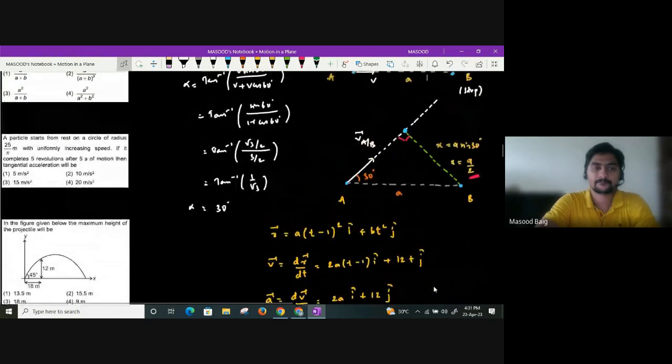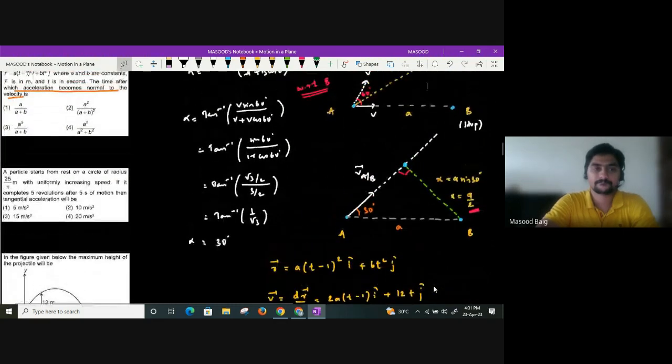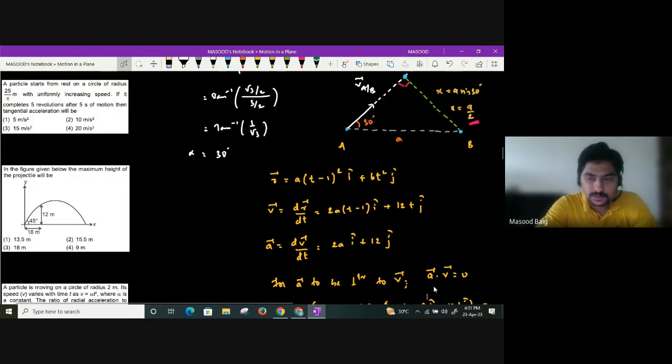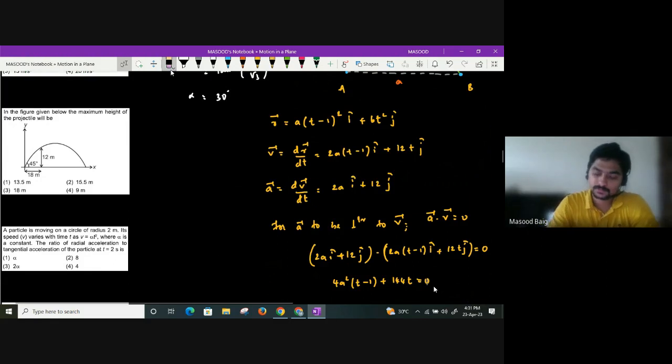Here, did I do any mistake, guys? In this, just check once. Actually, it is bt square. I wrote 60 square or what here? Sorry to write it. Here you will get it as 2bt.